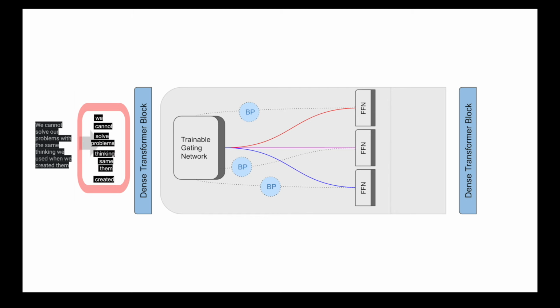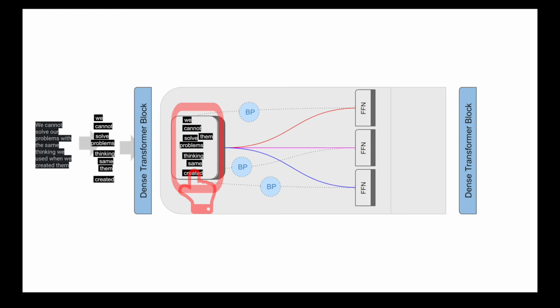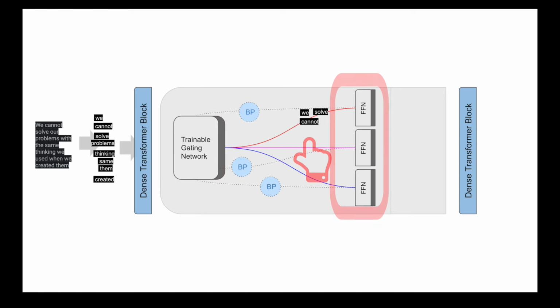At this point, your text has been converted into vectors and tokens, and these tokens are processed directly through a dense transformer block, which could be an optional component here. Either through a direct connection, these tokens can be made available to this trainable gating network, or the router, or coming through the dense transformer block, the tokens arrive at the router, where they are processed in real time and sent to individual experts, or the feed forward networks.